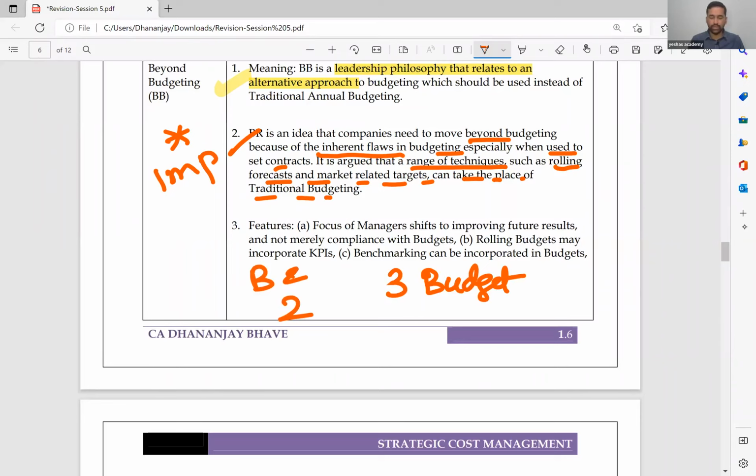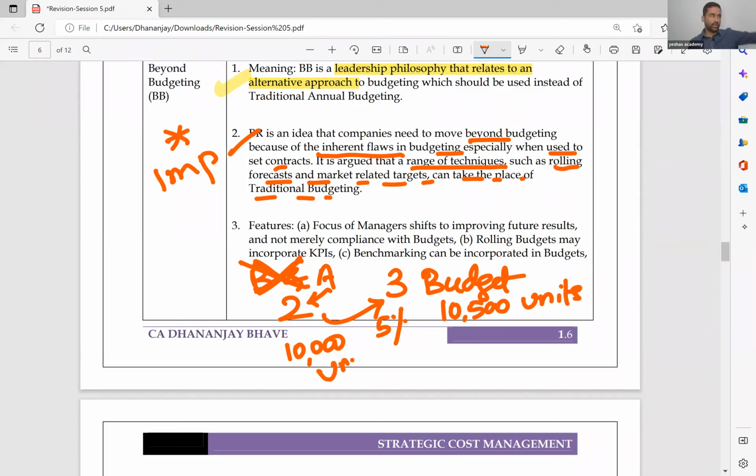Most of the companies do it based on year 2 actual, not even year 2 budget. So in year 2, our actual numbers are say 10,000 units. That means year 3, we will say, okay, we should grow at least 5%. So let us keep a target of 10,500 units production per day, 10,000 to 10,500. The biggest problem of traditional budgeting is you're always looking at the past and then preparing the budget for the future.